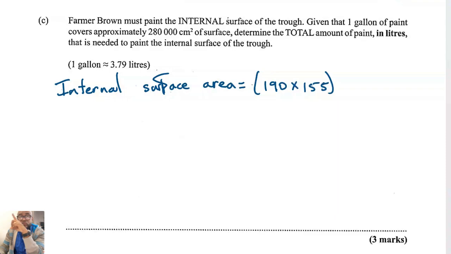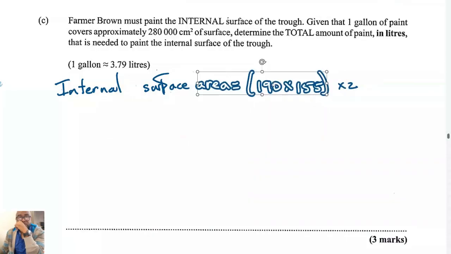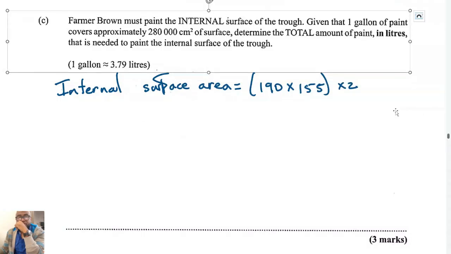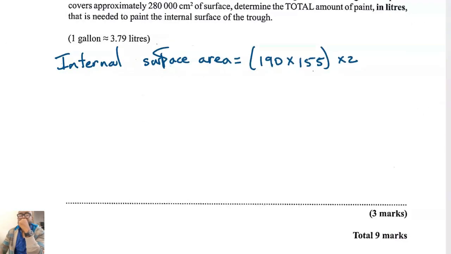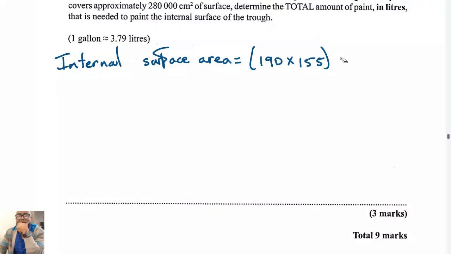Cool? It's two rectangles like that. So I can put multiply by 2 one time. Everybody get there? Or you can put the 2 in front. Anyhow you want to put it. I put the 2 in front. I don't like how it looking in the back there.